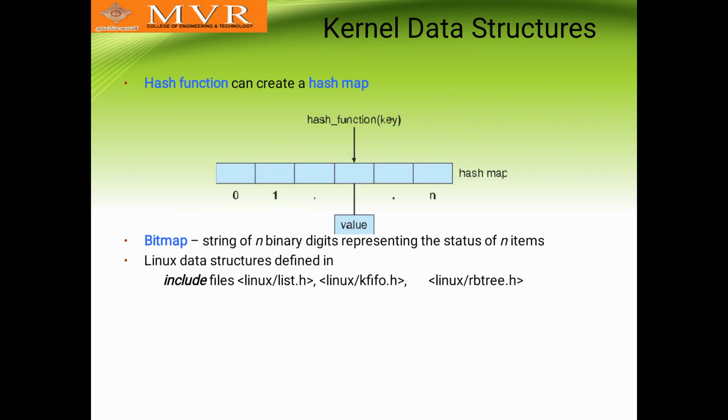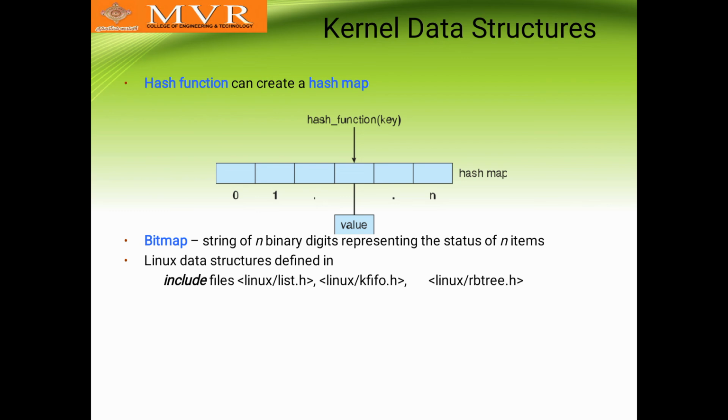Binary data structures. In these binary data structures, a hash function is included. It will be created as the hash map. See this picture here, the hash function key and hash map will be based on n, and the value of the hash function, whatever the key, will be provided based on the key.